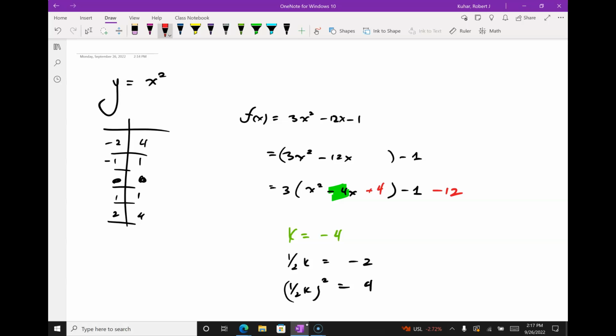Look. 3 times x squared is x squared. 3 times negative 4x is negative 12x. 3 times 4 is 12. Minus 12 is 0. Minus 1 is the minus 1. I want to make sure I've not changed anything, right?